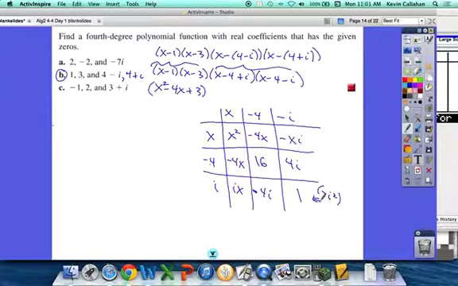Okay, when you do that, what you're going to find is all the imaginary terms cancel, right? The positive ix cancels with negative xi. The negative 4i cancels with positive 4i.